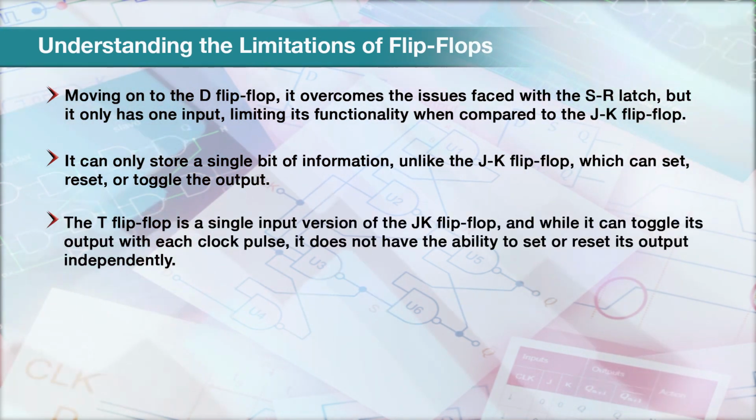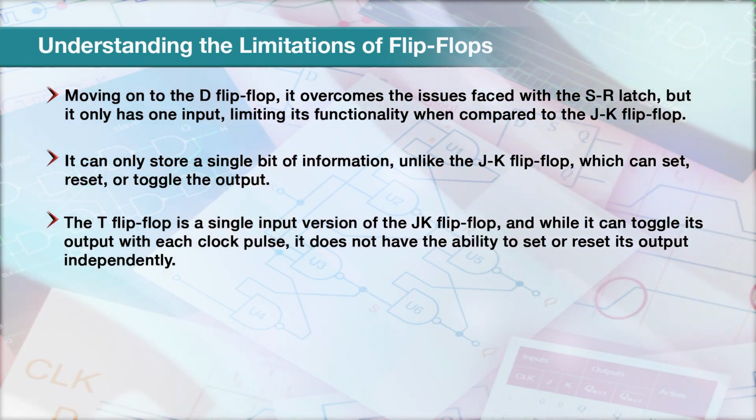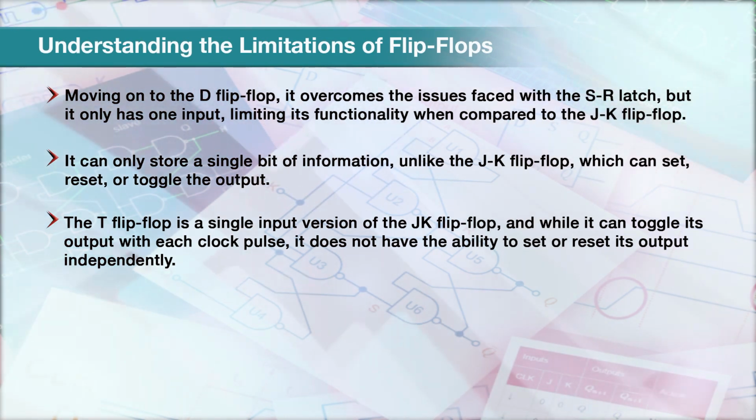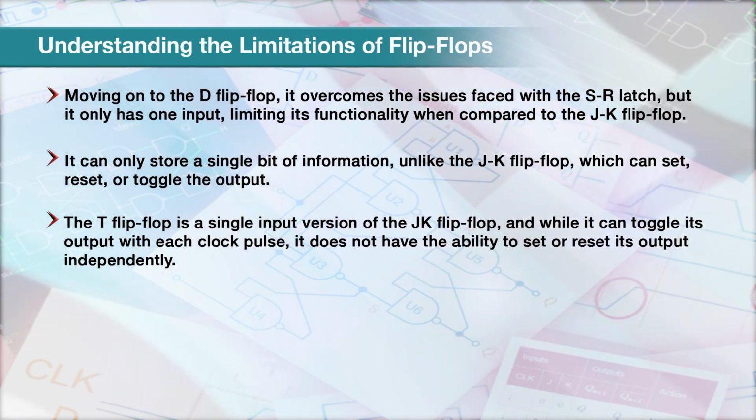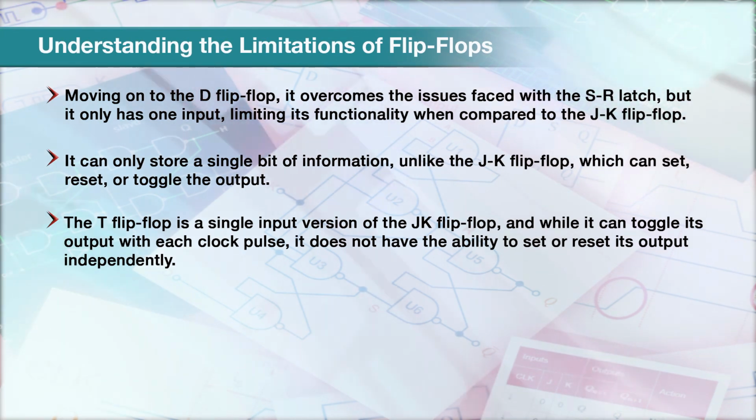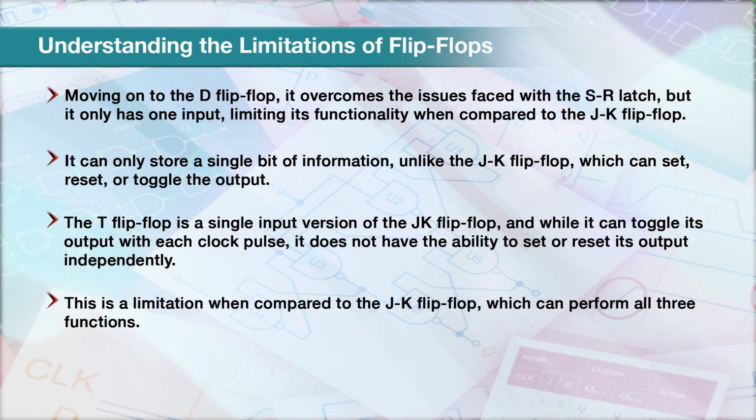The T flip flop is a single input version of the JK flip flop, and while it can toggle its output with each clock pulse, it does not have the ability to set or reset its output independently. This is a limitation when compared to the JK flip flop, which can perform all three functions.